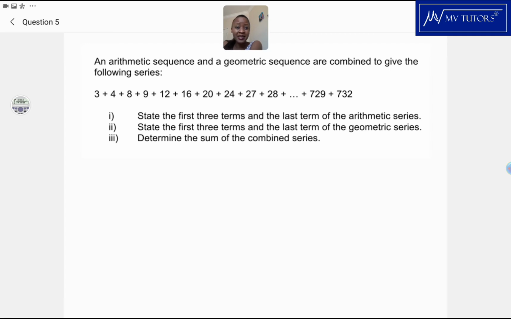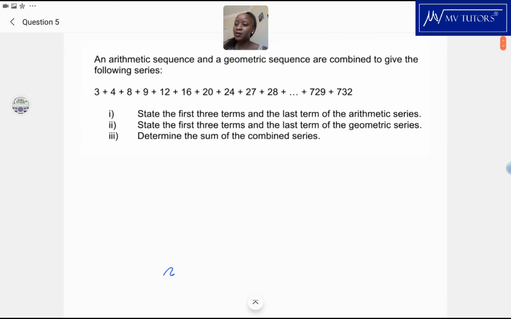Okay, so I want to first see what can I recognize here. Is there a pattern that I'm seeing? I do know that one will be an arithmetic sequence and the other will be a geometric sequence, right? So let's see which is which. Okay, so if I look at 3. Alrighty, so I can see 3 here and then 9 is a good fit.